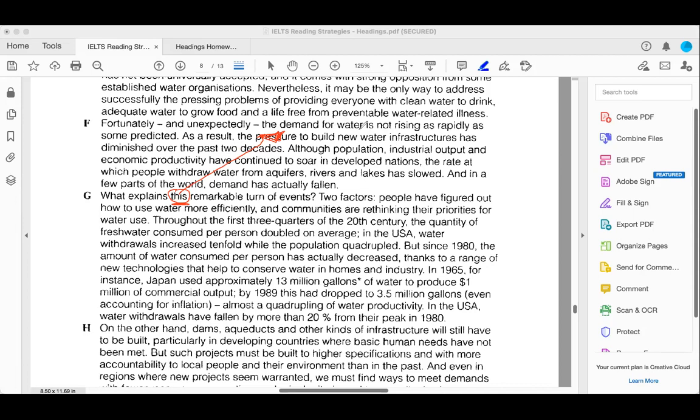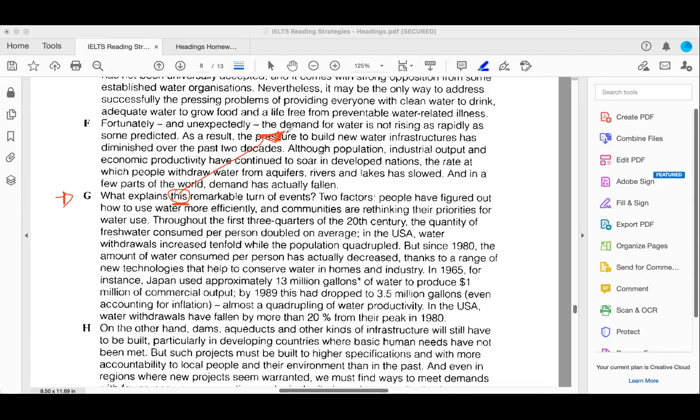Do you understand what I'm saying? Yes or no? Do you want me to repeat? Can you please repeat again? All right. This is a reference word. Is that clear? Reference words replace ideas or replace nouns. When you see a reference word in the first sentence, like in this case, the reference word replaces the idea that was the main idea in the previous paragraph.